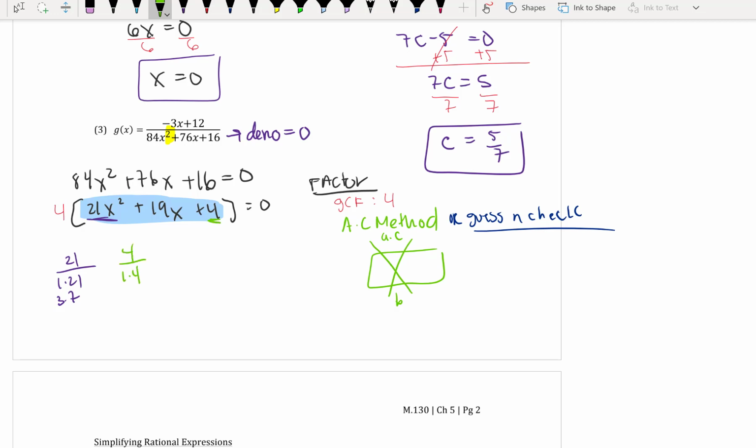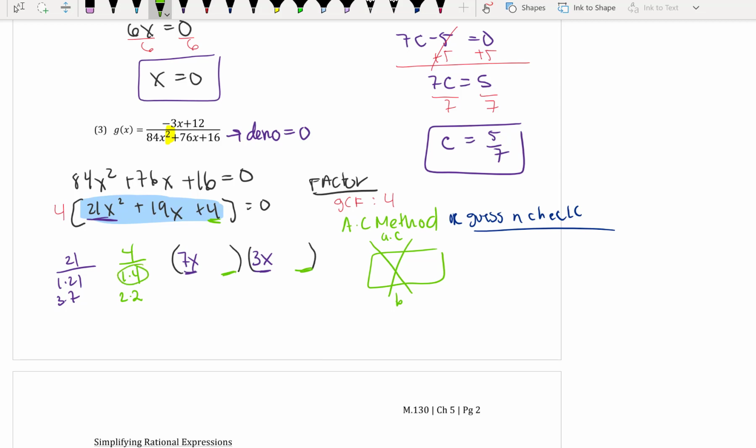That can be 1 times 4 or 2 times 2. So when I set up my parentheses, remember, I am going to guess and then check. For the first term, I'm going to try my 7x and my 3x. Now for that last term, it could be 2 and 2, or it can be 1 and 4.